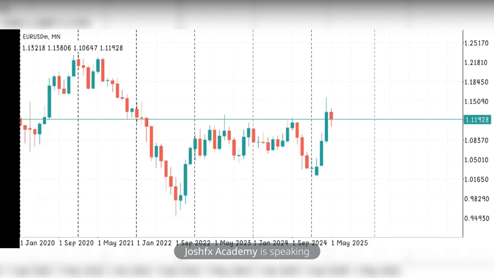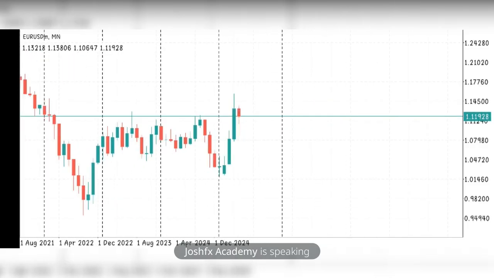So what are the internal range liquidity and what are the external range liquidity? Now I want you to start writing. Internal range liquidity are fair value gaps, order blocks, breaker blocks, inverse fair value gaps.